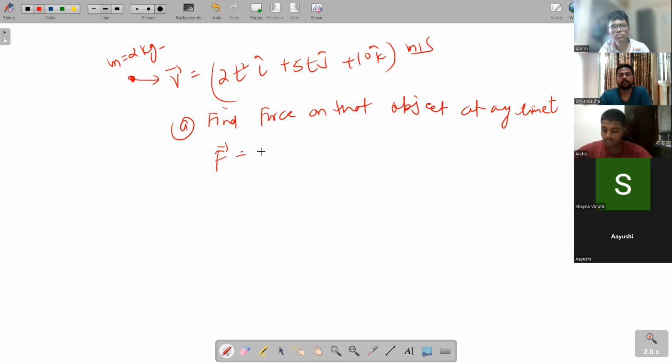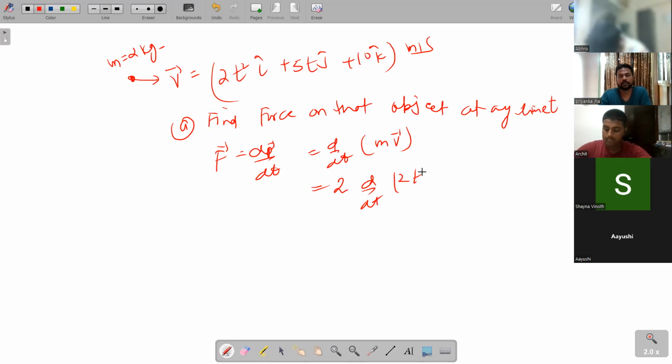How will you find that? Force is dp upon dt. So momentum is mass into velocity. Mass will come out, that is 2 kg, and d/dt of velocity, that is 2t square i plus 5t j plus 10k. So just differentiate this. This is 4t i plus 5j, and this is constant, so it will become 0.